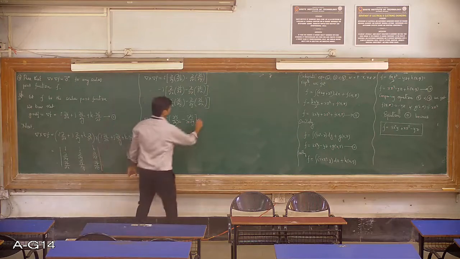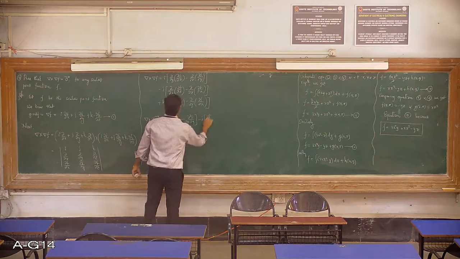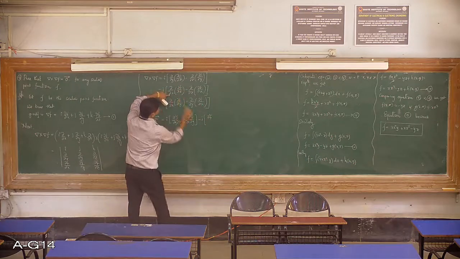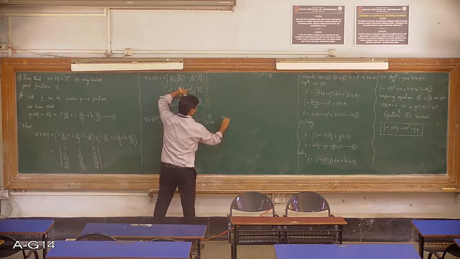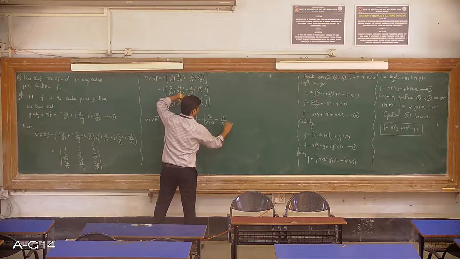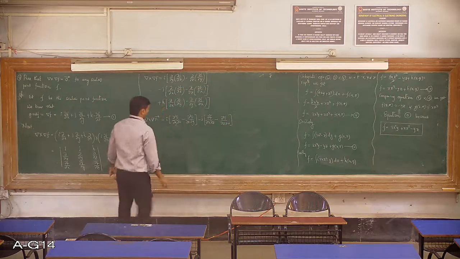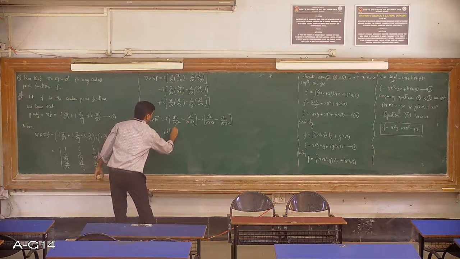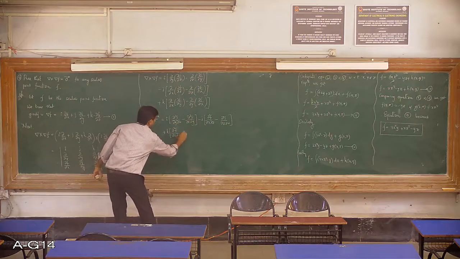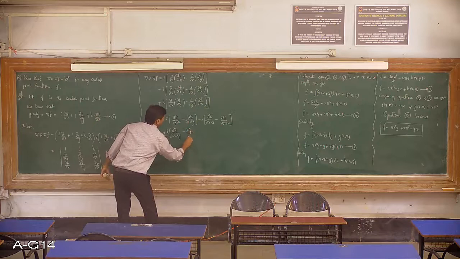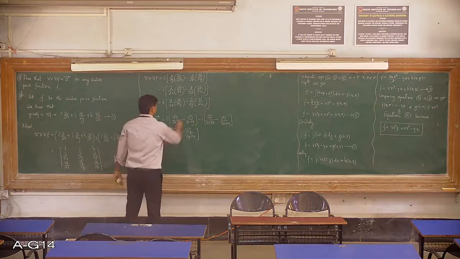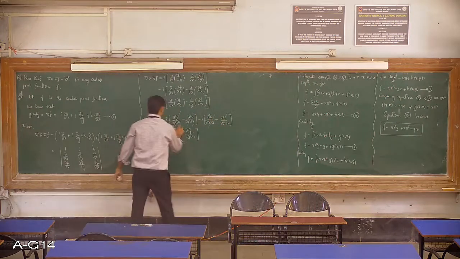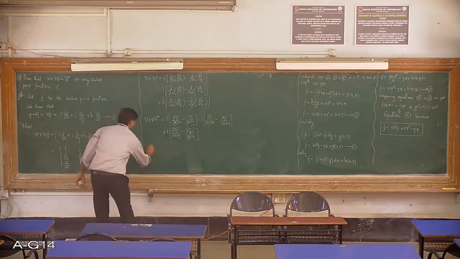Next minus j in the bracket, dou square f by dou x dou z minus dou square f by dou z dou x. Next plus k in the bracket, dou square f by dou x dou y minus dou square f by dou y dou x. So these two get cancelled, these two get cancelled, these two get cancelled.